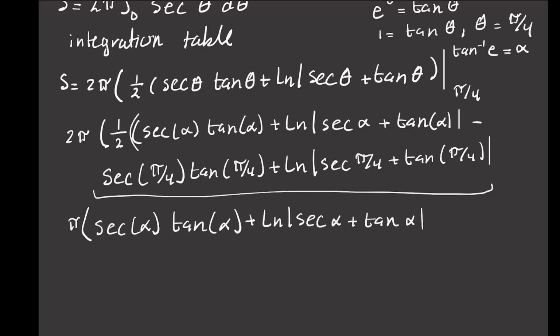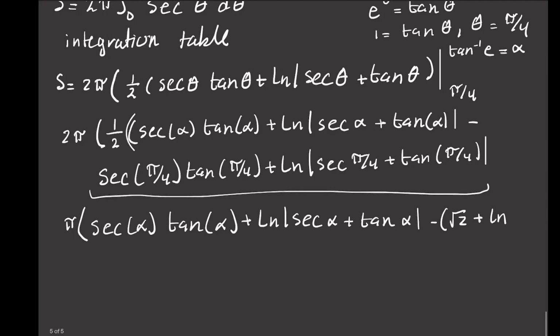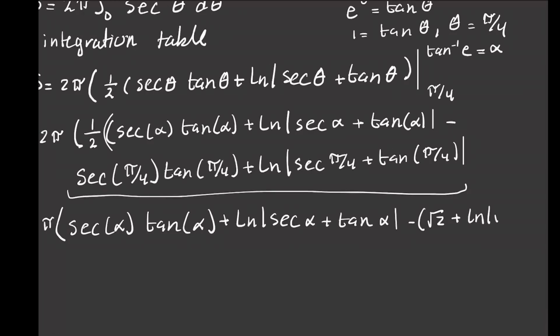Now secant of pi over 4 is square root of 2, so that's minus square root of 2. And we have the tan of pi over 4 is 1, so that's multiplied by 1, plus ln of the square root of 2 plus 1.